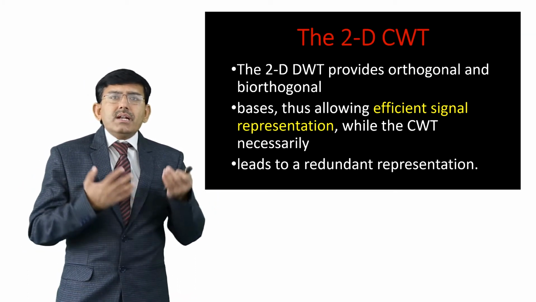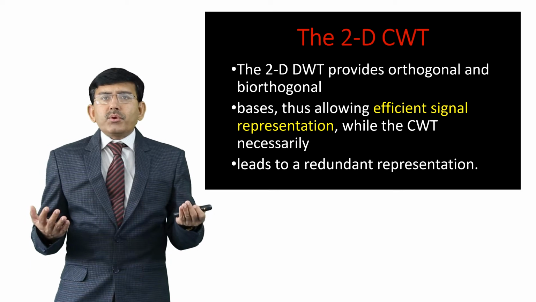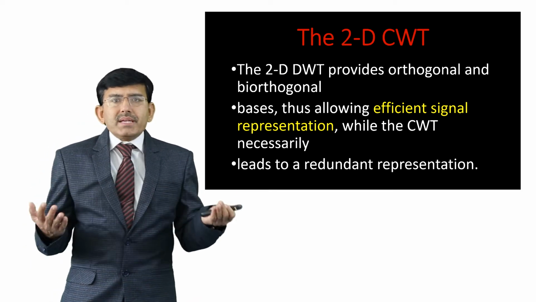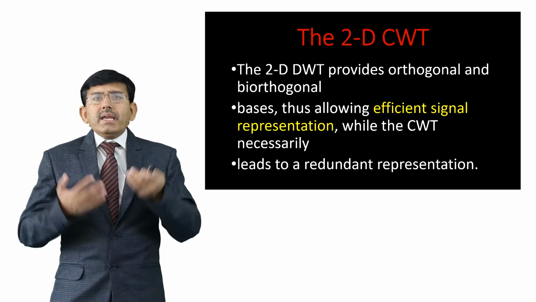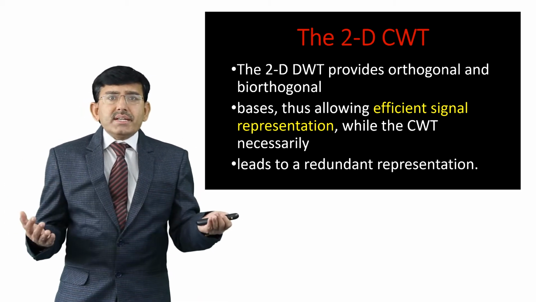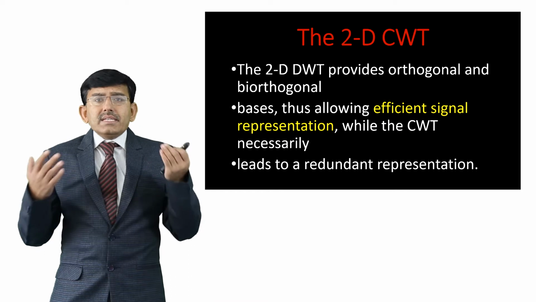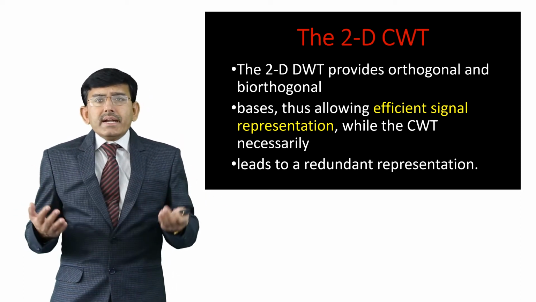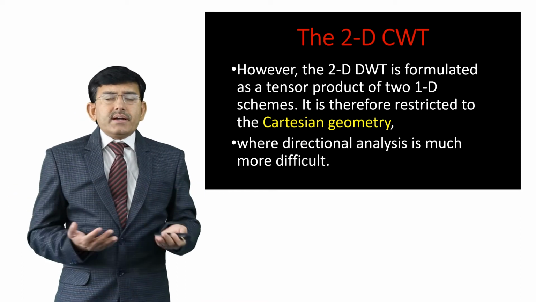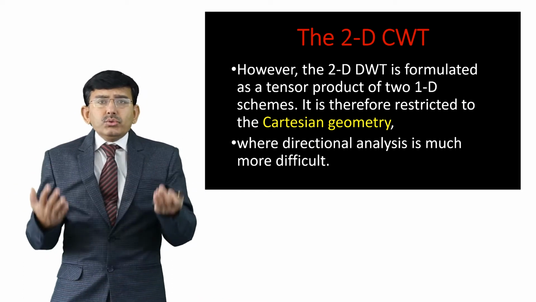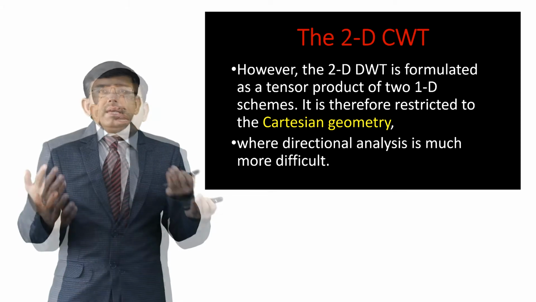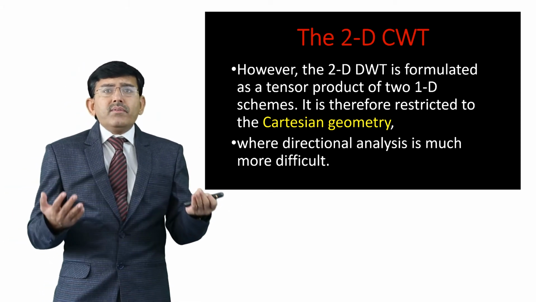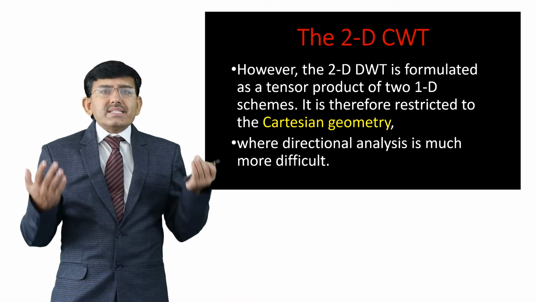The two-dimensional discrete wavelet transform provides orthogonal and bi-orthogonal bases, thus allowing efficient signal representation, while the CWT necessarily leads to a redundant representation of data. However, the two-dimensional DWT is formulated as a tensor product of two one-dimensional schemes.